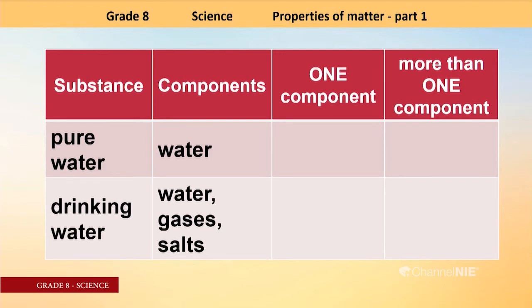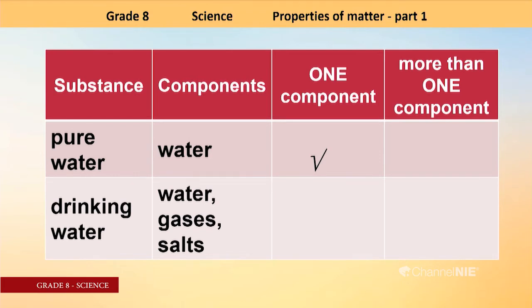First one pure water, second one drinking water. In the second column, you can see pure water contains only one component, that is water. So, in the third column we can put a tick like this. I think you can understand it, only one component.